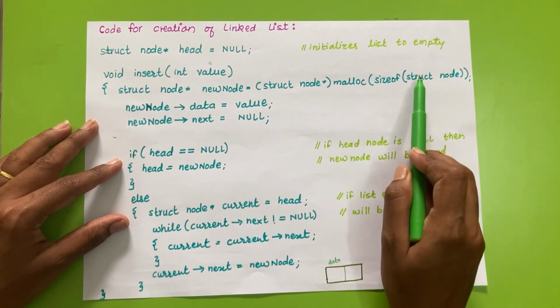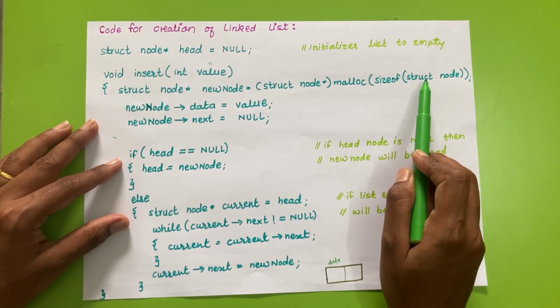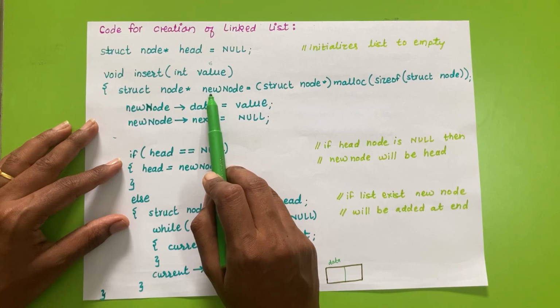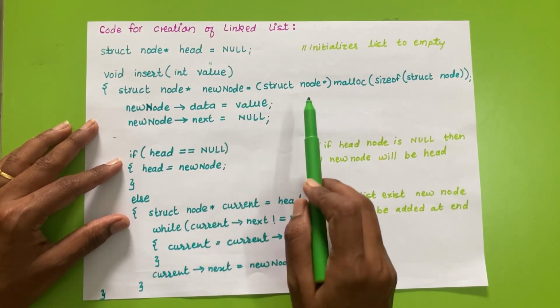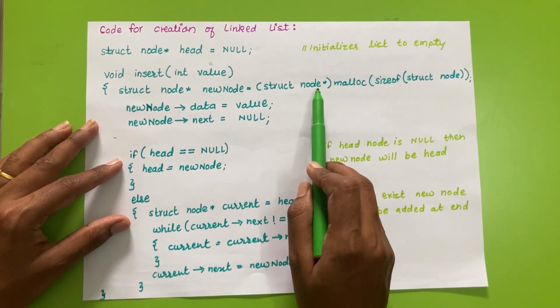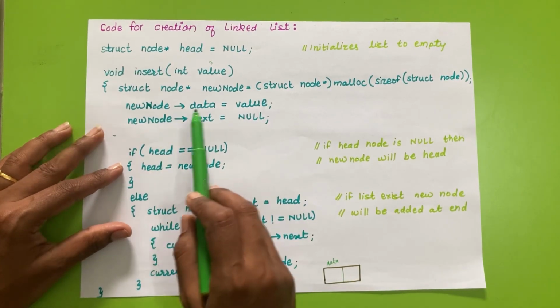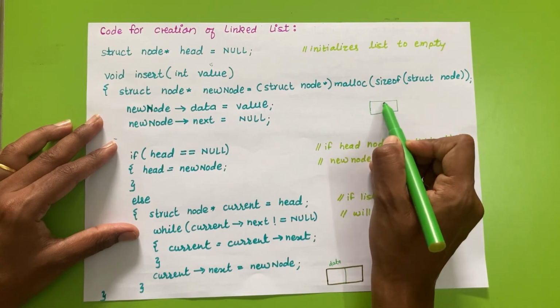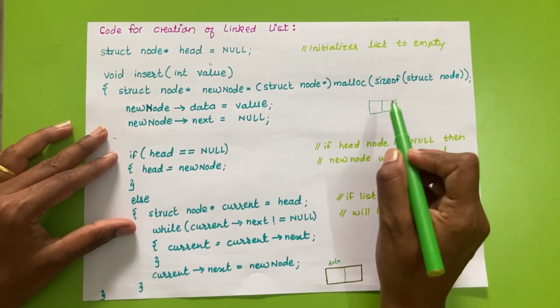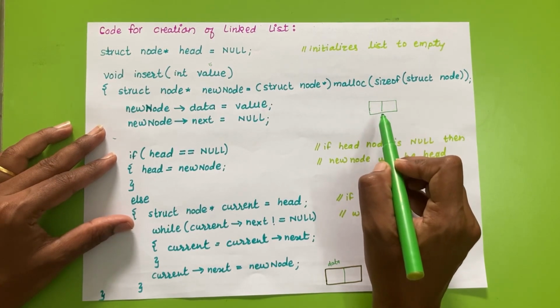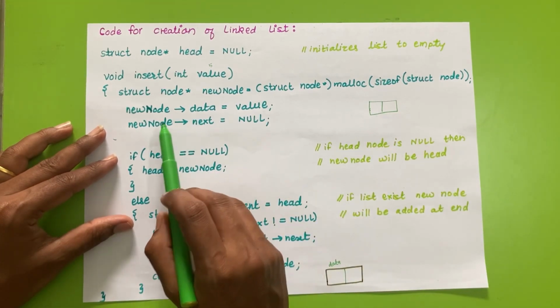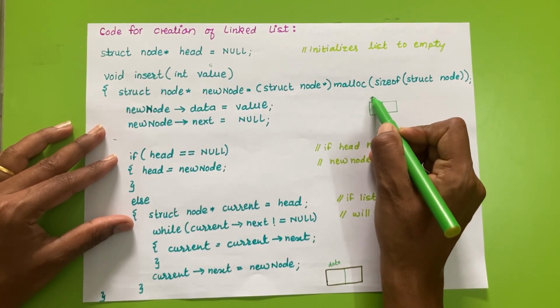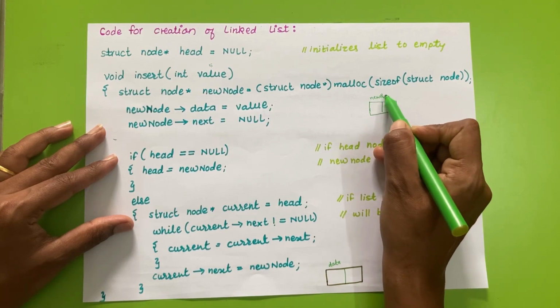Whatever the size of struct node is, that will be assigned to the pointer new node, and that will be of type struct node star. So now we have created a blank node. Now we have to add a value to it. The name of this node is new node.